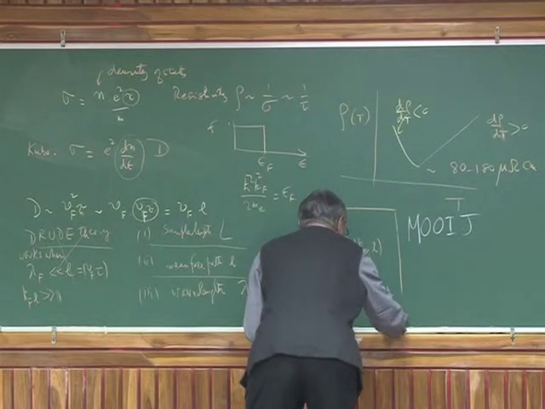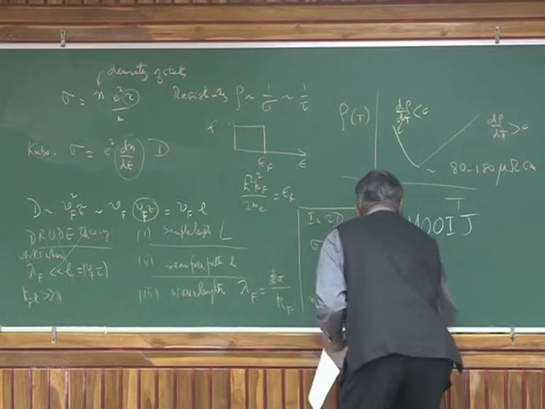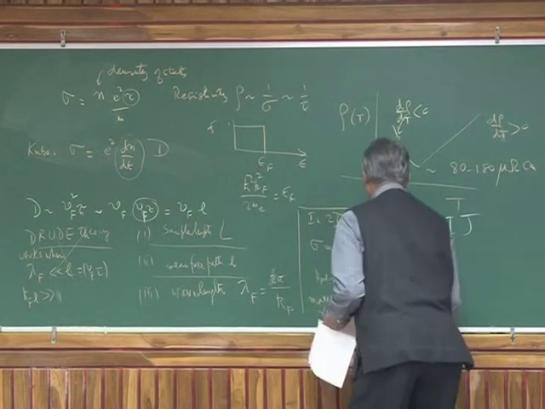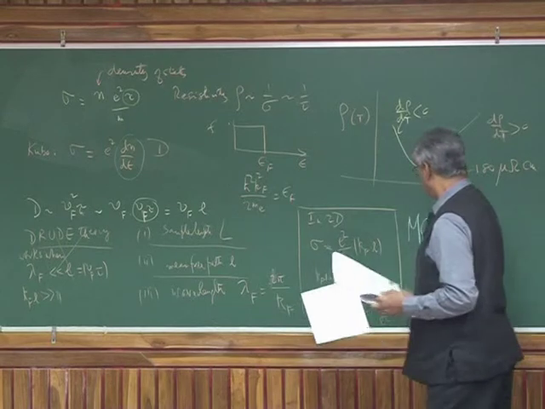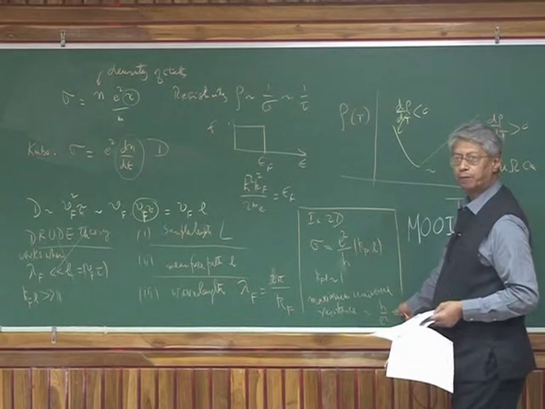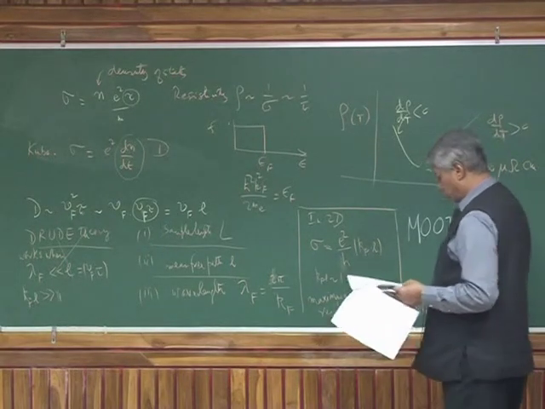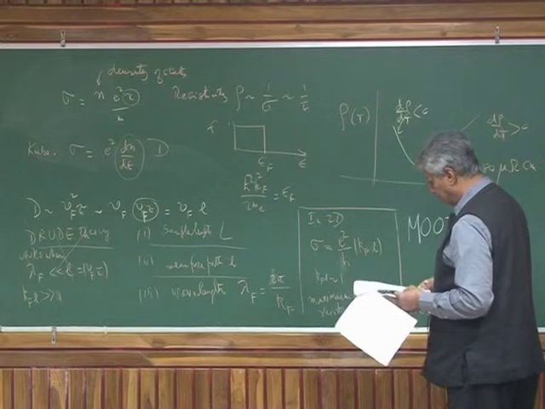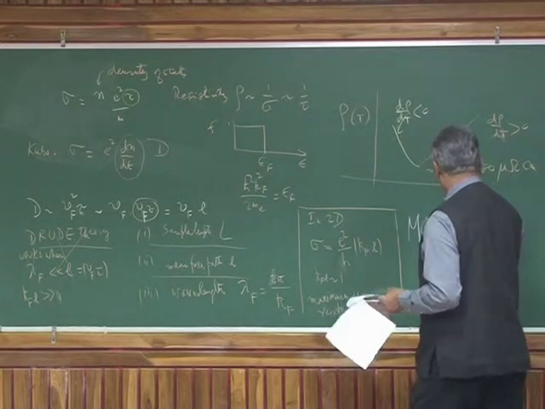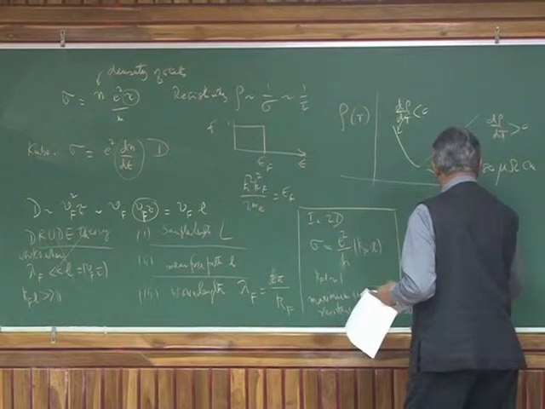This is h over e squared. And if you put the values, it's like 30 kilo ohm, which means that the resistance cannot be pushed beyond this limit. This is also called the Ioffe-Regel criterion in the context of localization.